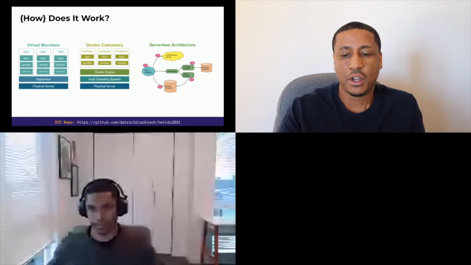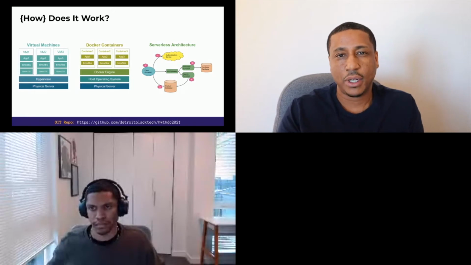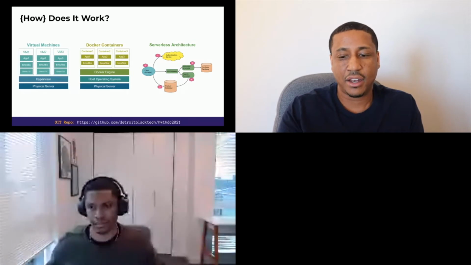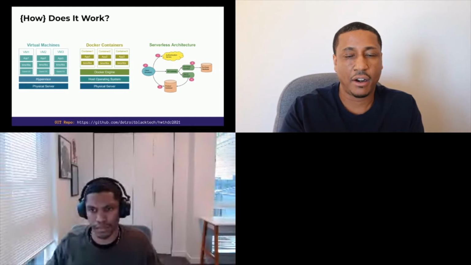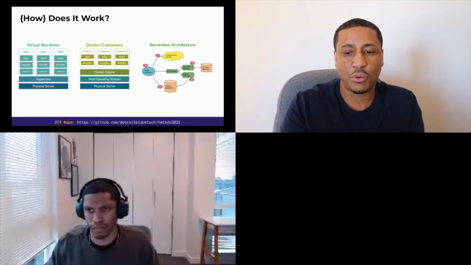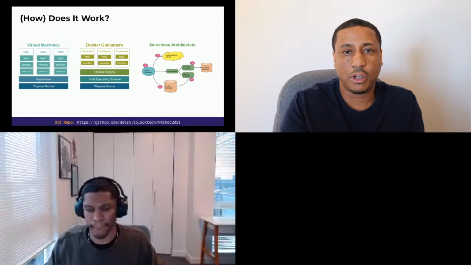So with Docker and other container architectures, it consists of the physical server, the host operating system, and in this case, Docker. You have the Docker engine that provides a layer of services, and then from there you have the Docker containers that reside on top of it. You're really just packaging up the app itself to be running. So you can have multiple of these containers running on a physical machine.